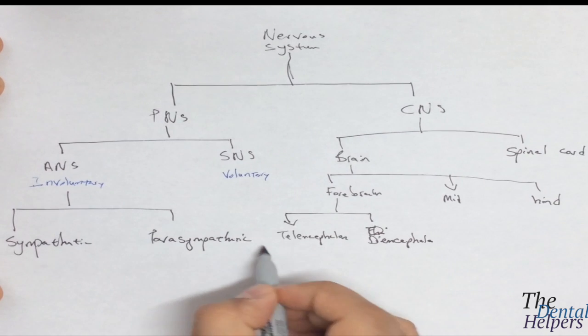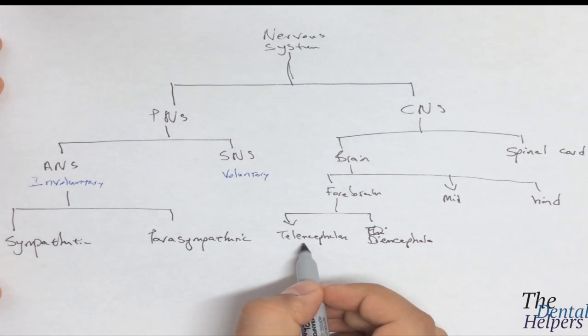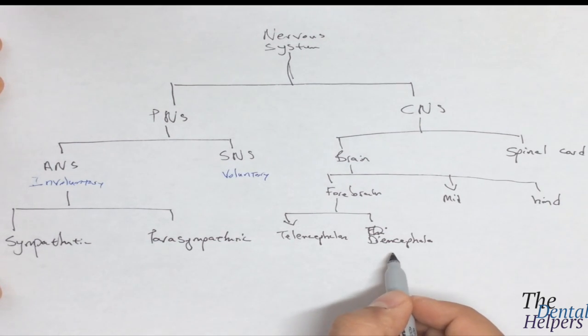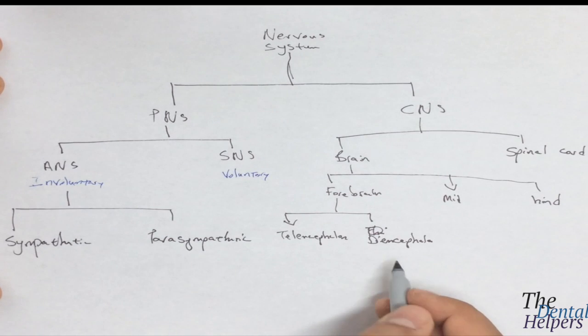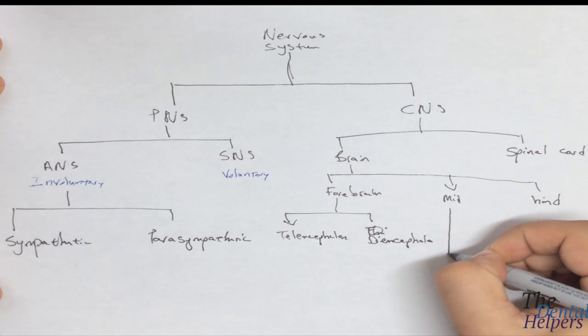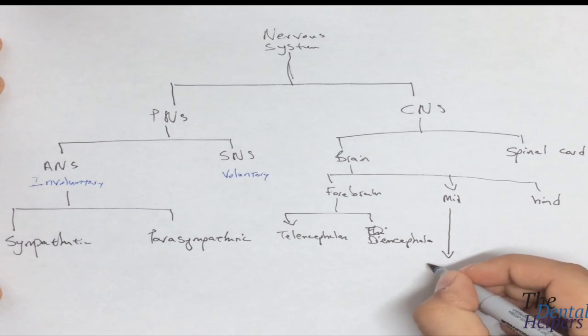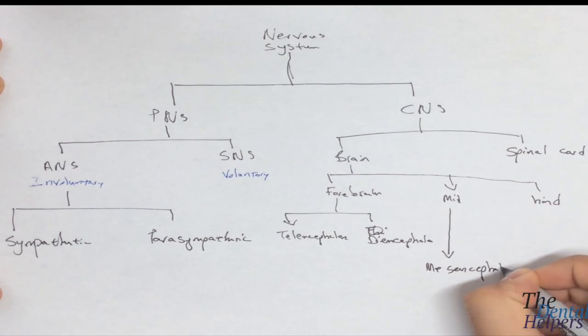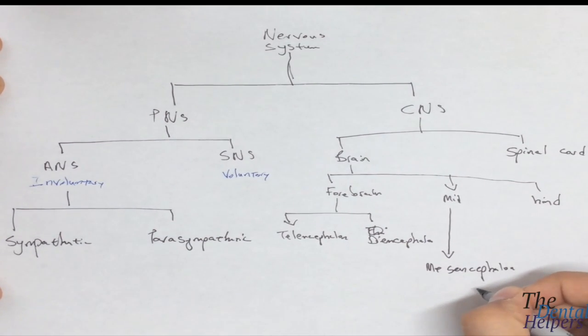And the telencephalon, this is the area of the cerebral cortex, the basal ganglia, the hippocampus, and the amygdala. The diencephalon is the thalamus and the hypothalamus. And the midbrain, since it starts with an M, it's going to be the mesencephalon. And this is the tectum and cerebellum.